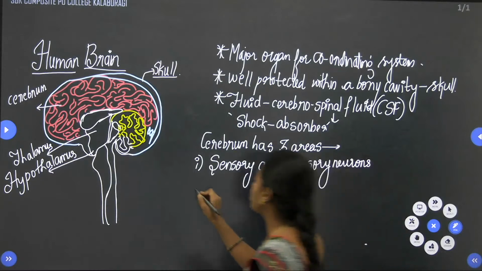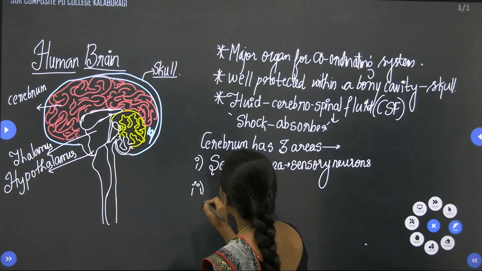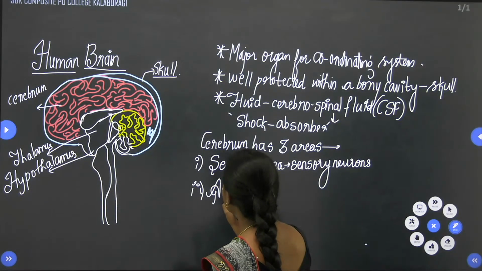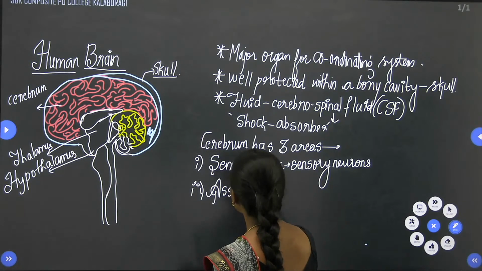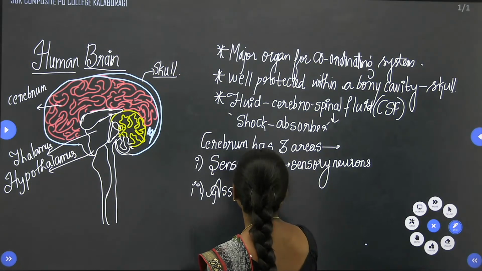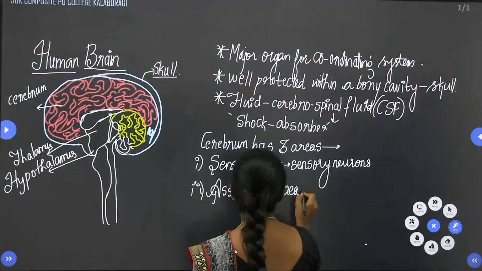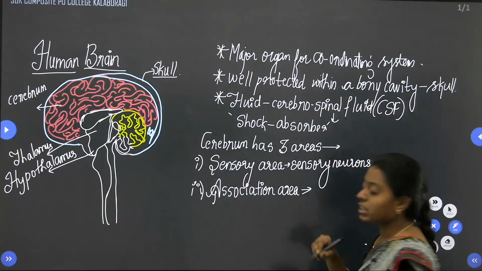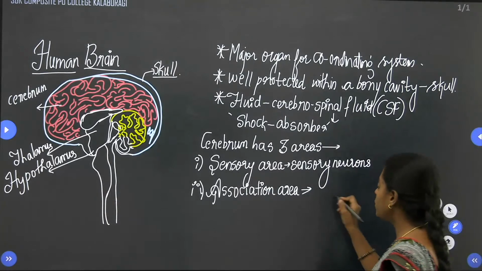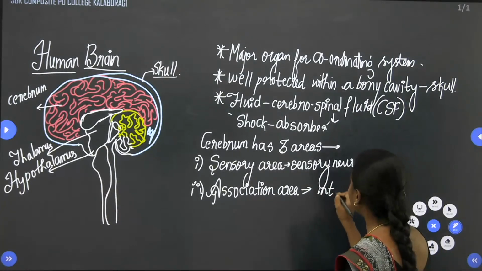And the cerebrum also contains the second type of region called association area. Association area is made up of different types of neurons which can be termed as interneurons.